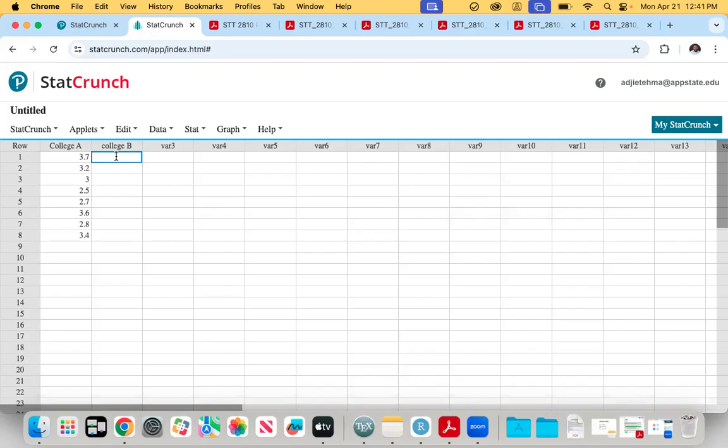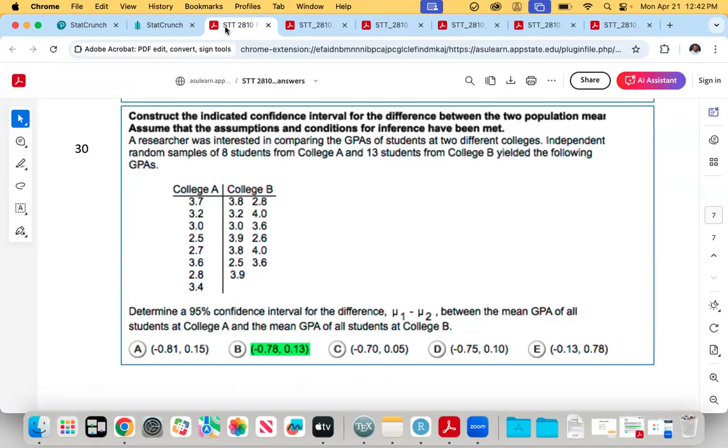Now let me input the data from college A. Let me do that for college B. So I've inputted the data for college A and then college B. We want to determine the 95% confidence interval.